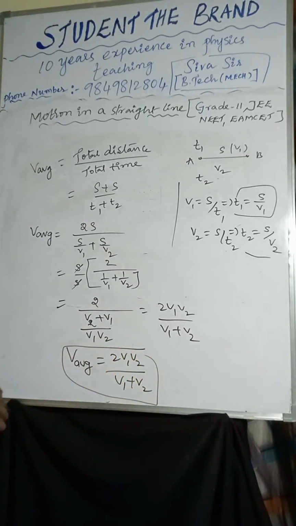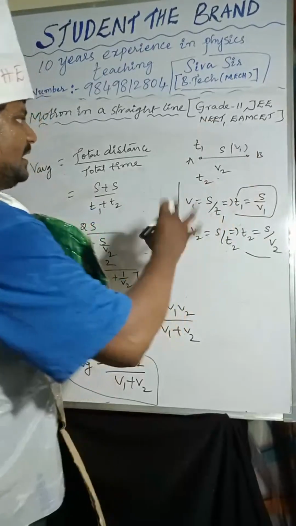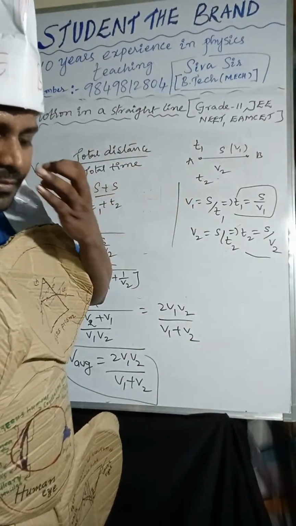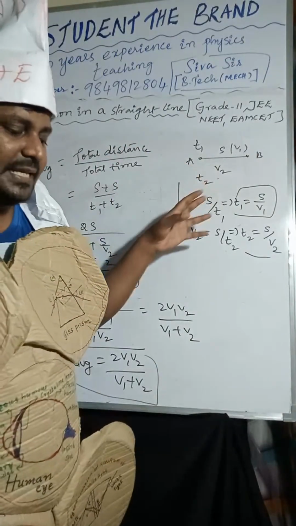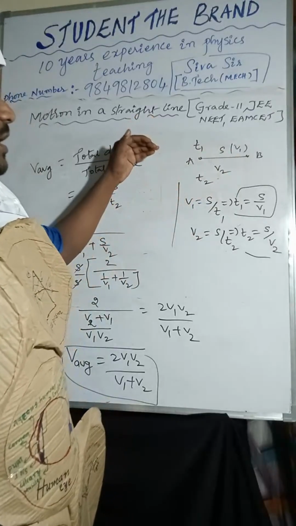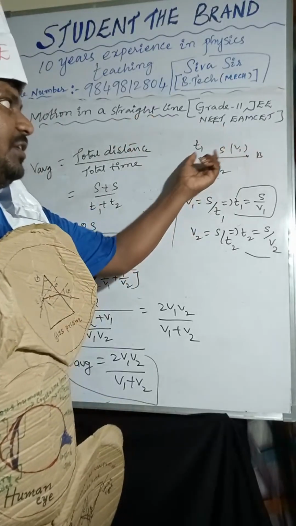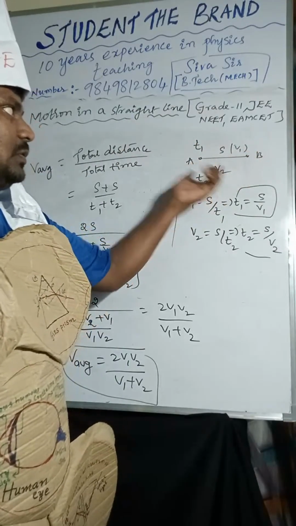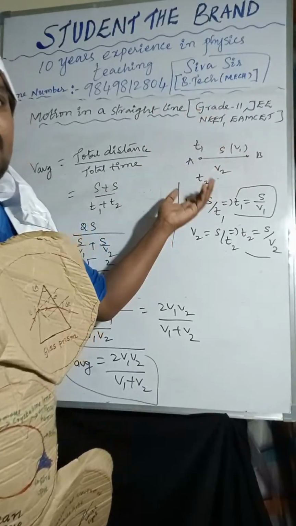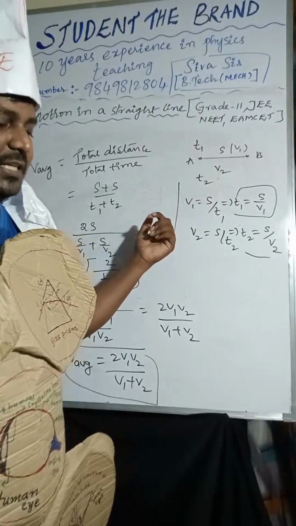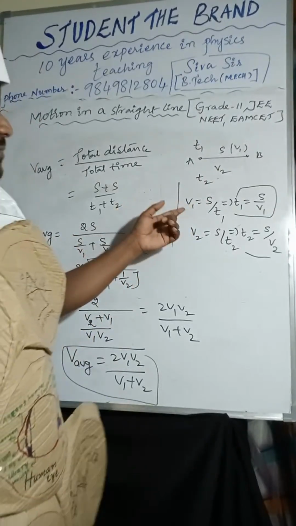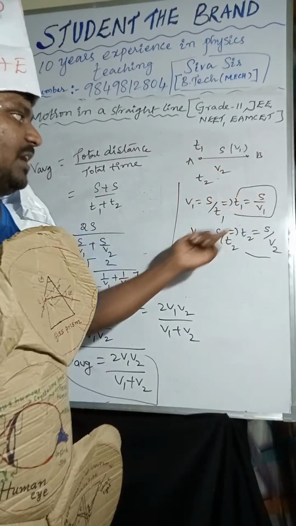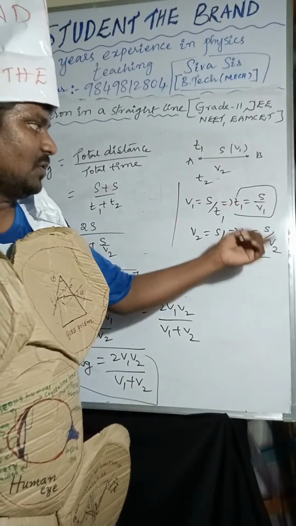So the total distance from A to B is S, and the return journey distance is the same. From A to B it is moving with speed V1, and B to A with speed V2. If the speeds are different, automatically the time also changes. So T1 equals S by V1, and T2 equals S by V2.